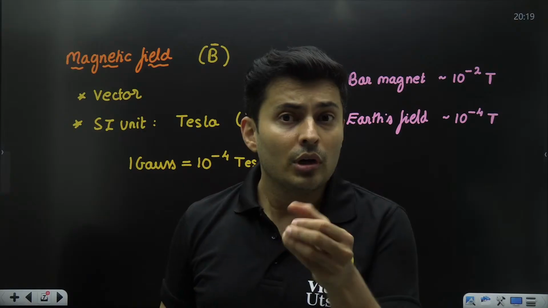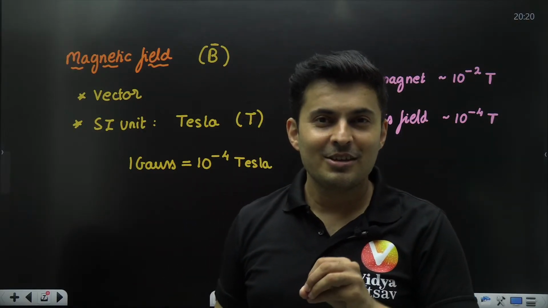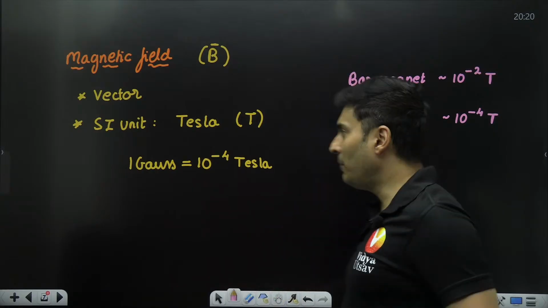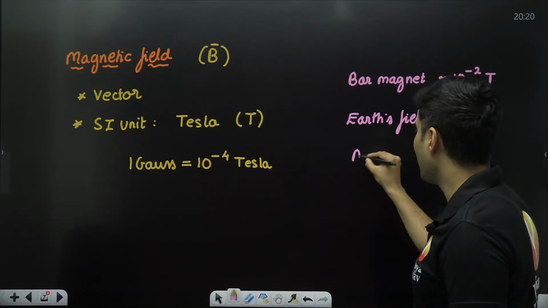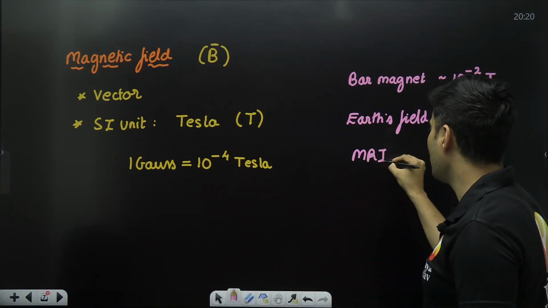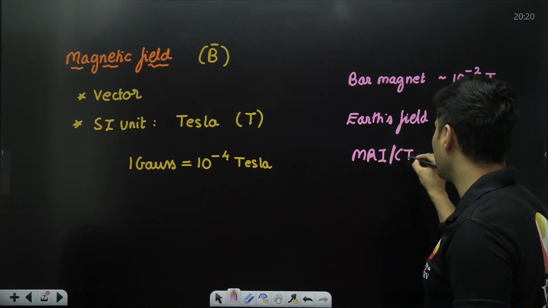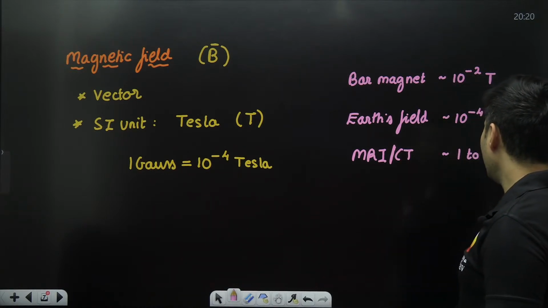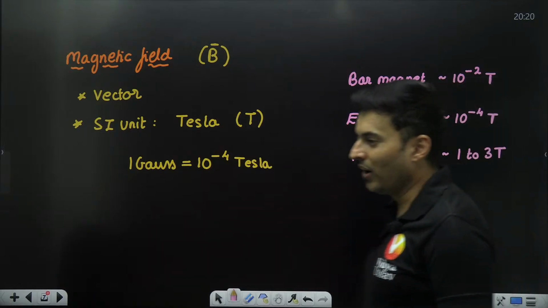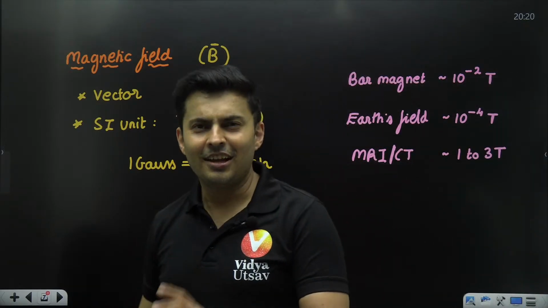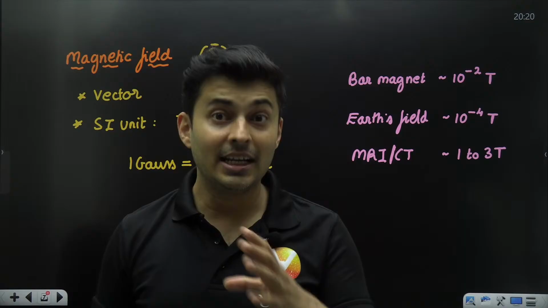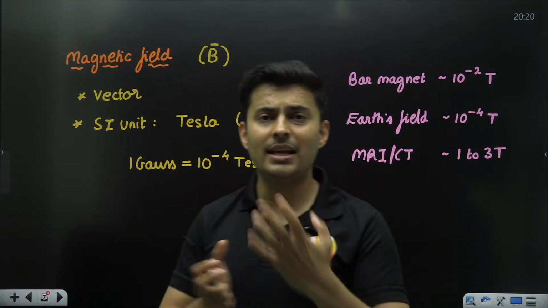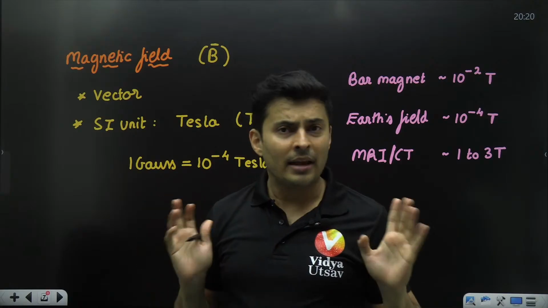If you look at an MRI machine, which you might have seen in some hospitals or diagnostic centers, the magnetic field for an MRI machine or a CT scan is typically 1 to 3 Teslas. The magnetic field is so strong that they tell you, please don't wear chains or metallic ornaments, don't carry mobile phones.